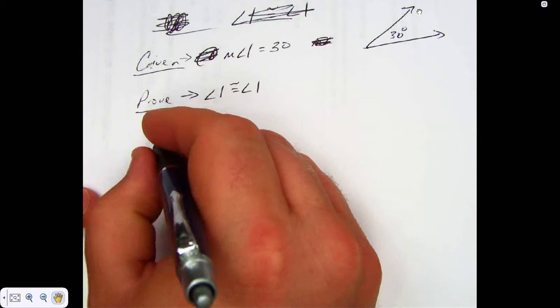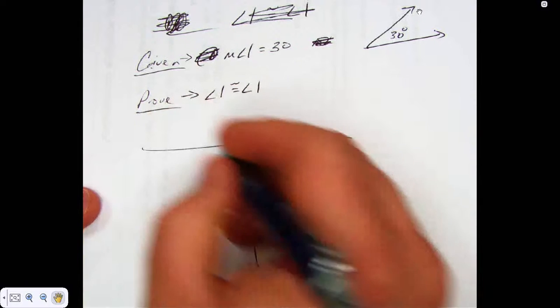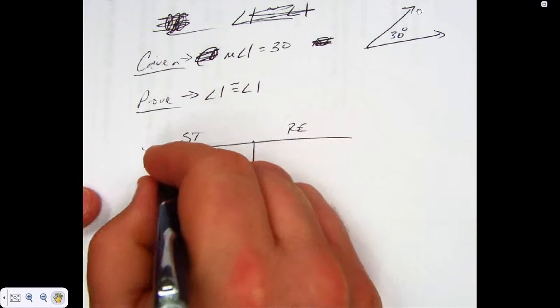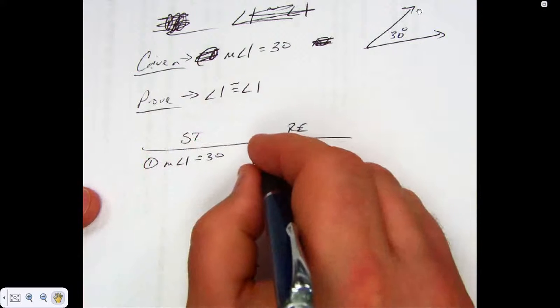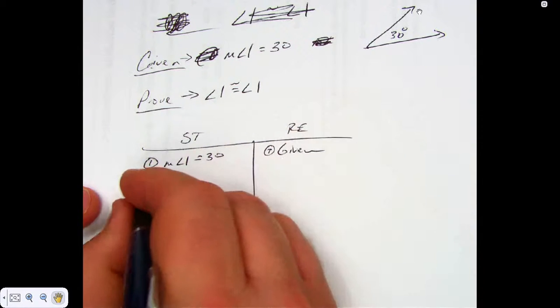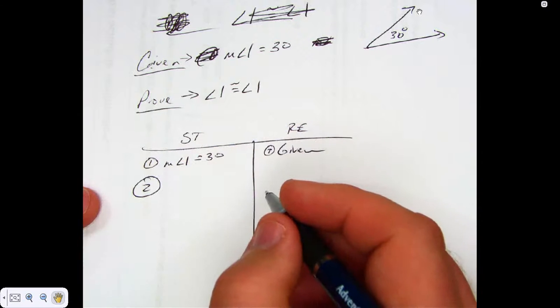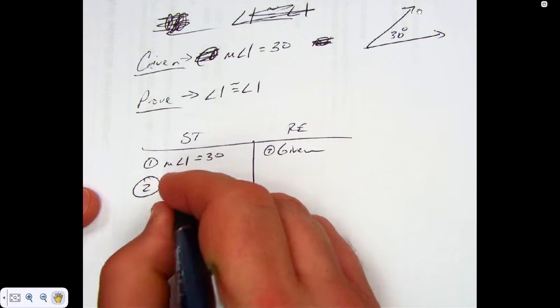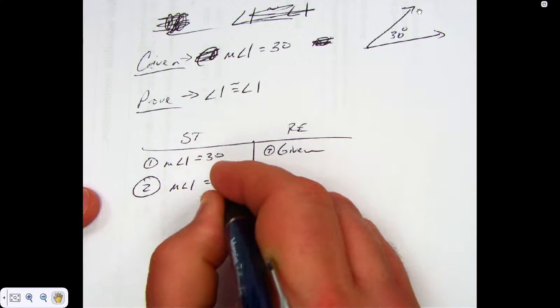So, the measure of angle 1 equals 30. Why is that true? Given. Step 2: the measure of angle 1 is equal to the measure of angle 1.